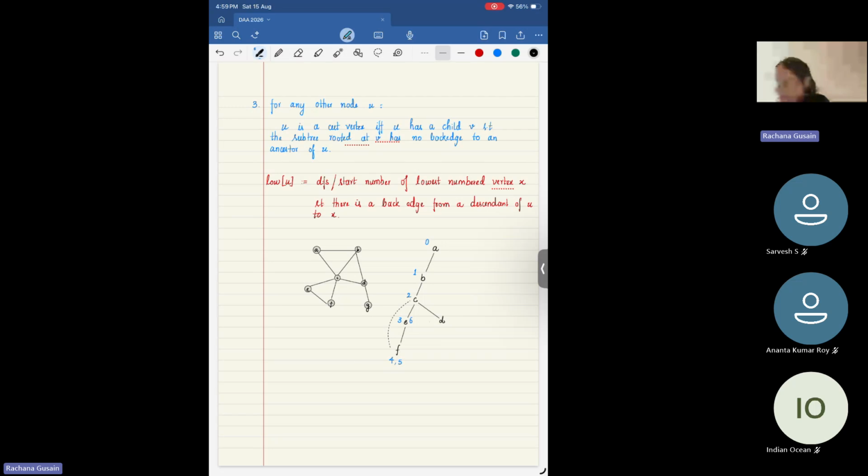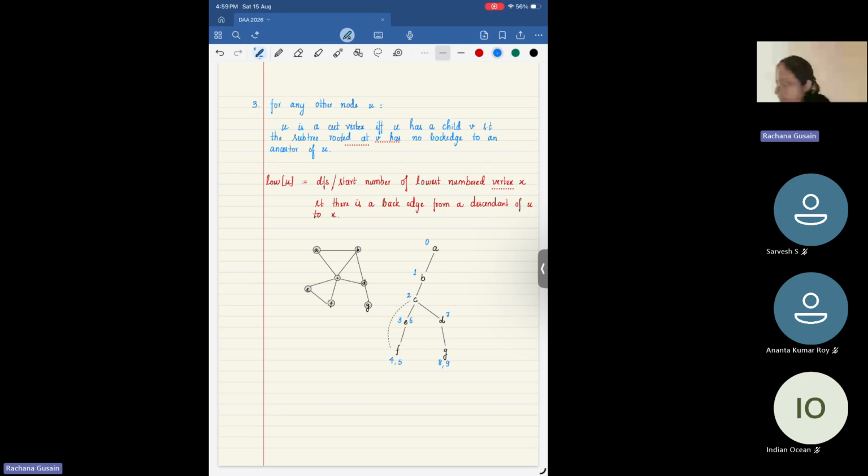So D is not yet visited. I go to D at time 7. From D, I visit G at time 8. From G, there is no other vertex that I need to visit, so I'm done with G at time 9.